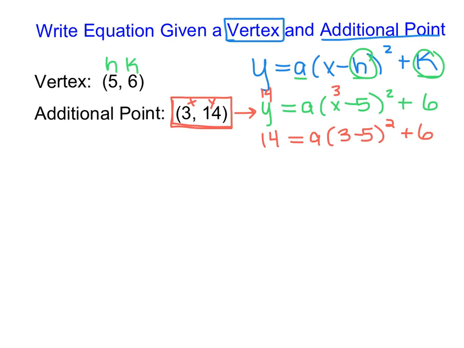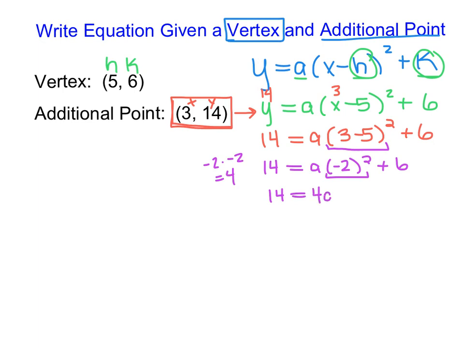So now all I need to do here is solve this for a, and I need to follow my order of operations in order to do so. So we're going to start with parentheses. I have 14 equals a times negative 2 squared plus 6. I then evaluate my exponent, which is negative 2 times negative 2, which we should all know is 4. So I'm going to write this as 14 equals, I'm going to move the 4 to the front of the a, so I have 4 times a plus 6.